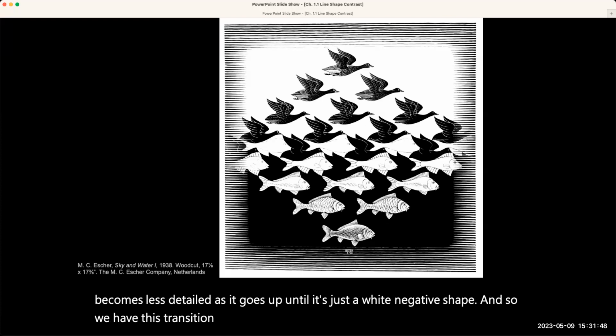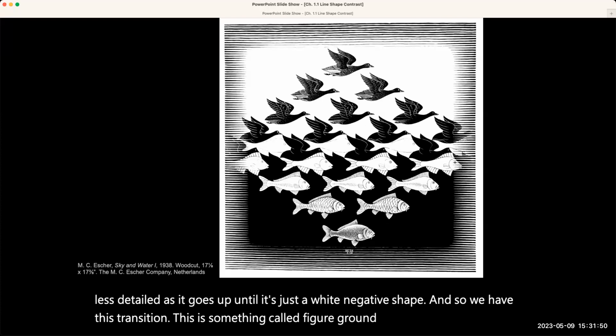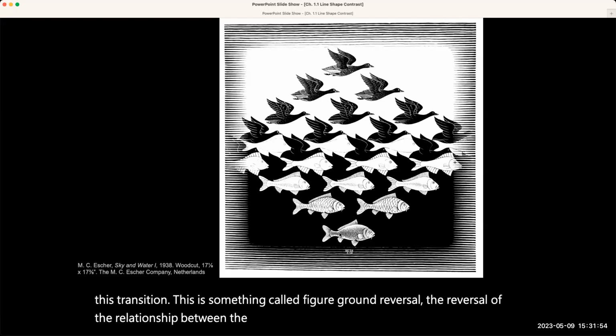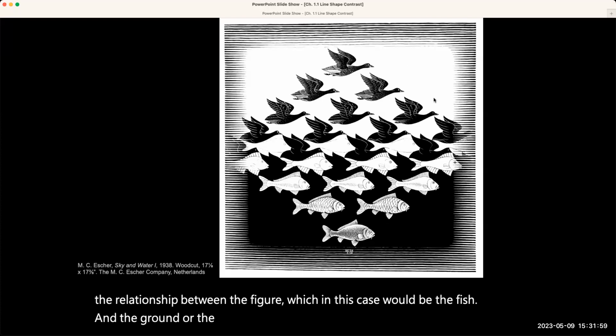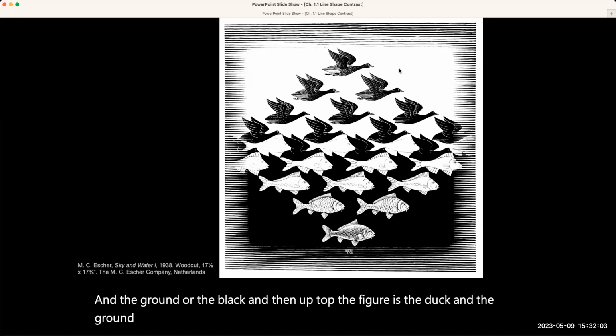This is something called figure ground reversal. The reversal of the relationship between the figure, which in this case would be the fish, and the ground or the black. And then up top, the figure is the duck, and the ground or the background is the white. And so when one becomes the other, that is figure ground reversal.